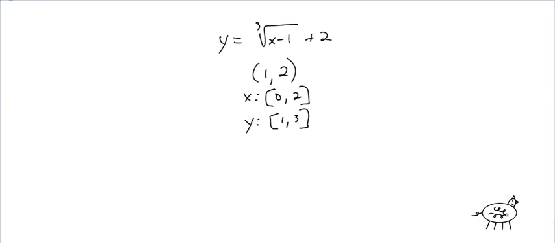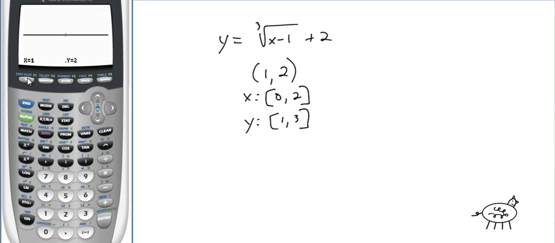All right, so let's bring up our TI again, and we're going to do y equals, and instead, it's going to be x minus 1 raised to the 1/3 power. There's another feature, the cube root, you could use too, but I'm going to use this. Raised to the 1/3 power, close parentheses, and then plus 2.